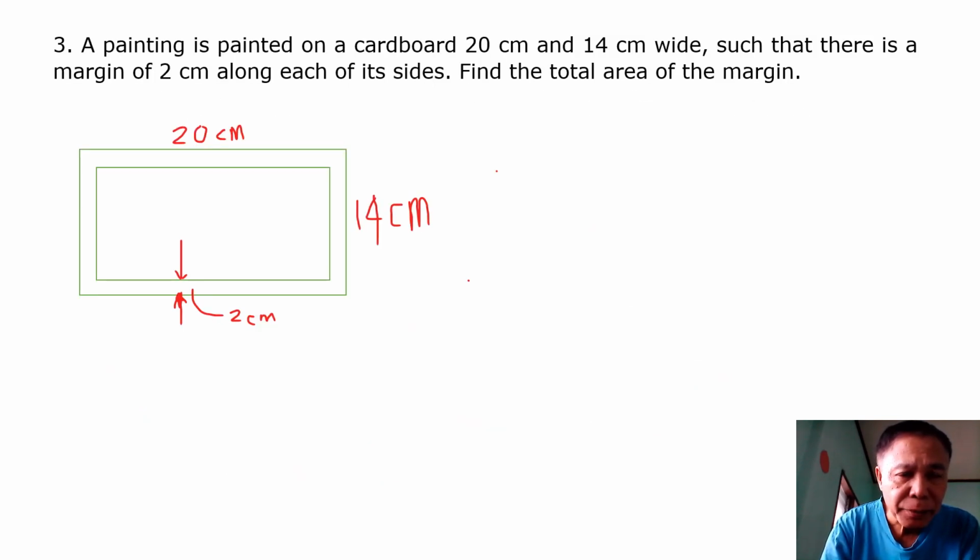A painting is painted on a cardboard 20 centimeters by 14 centimeters wide, but there's a margin of 2 centimeters along each of its sides. So find the total area of this margin.